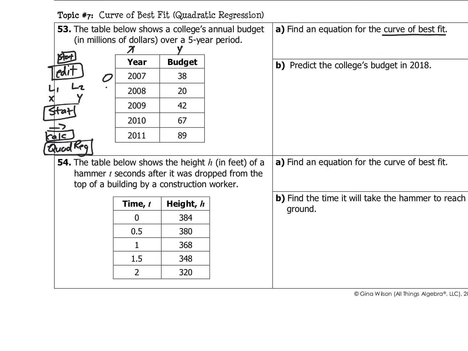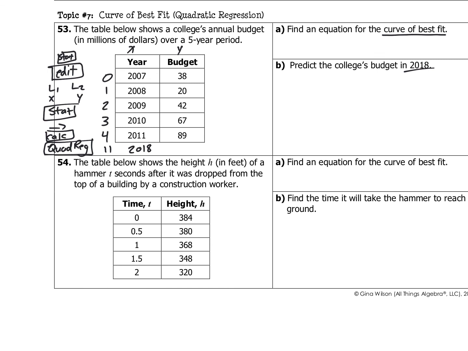So that would be like 1, 2, 3, 4, because 2008 is 1 year from 2007, 2009 is 2 years. And let's say, for example, they gave us 2018. Well, that's 2018 minus 2007, which is 11, okay? Because that's what they're asking for here.